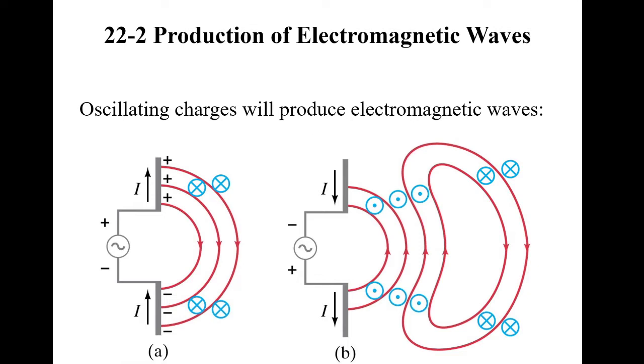So your book goes through this little demonstration, a series of graphics on the production of electromagnetic waves using oscillating current. Now, remember, current is made up of moving charges. And the important thing to note here is that these are oscillating charges. So remember, we talked about alternating current.